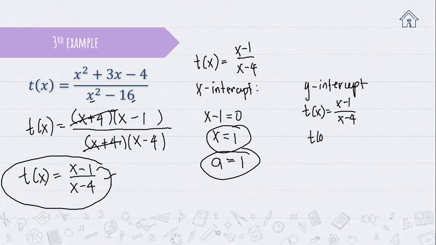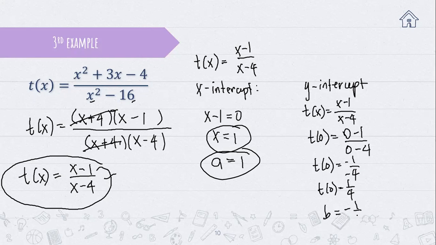So, t of 0 is equal to 0 minus 1 over 0 minus 4. So, magiging negative 1 over negative 4. So, our t of 0 is 1/4. Tapos, yan na yung b natin. So, b is 1/4. Positive 1/4.